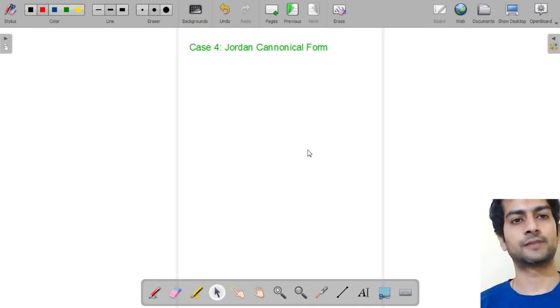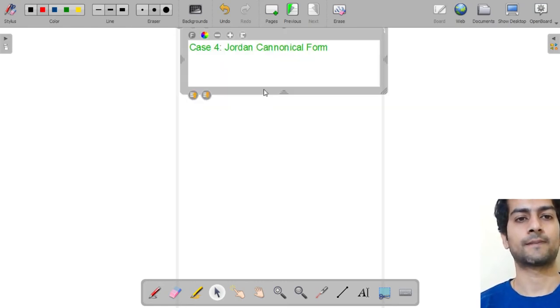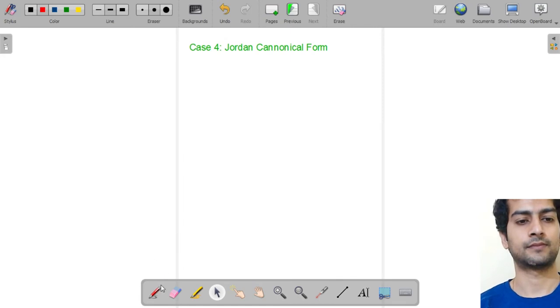Now, students, coming to case 4, Jordan canonical form. It is another type of canonical form. Before this we have seen CCF, OCF, DCF. Now we are seeing JCF.